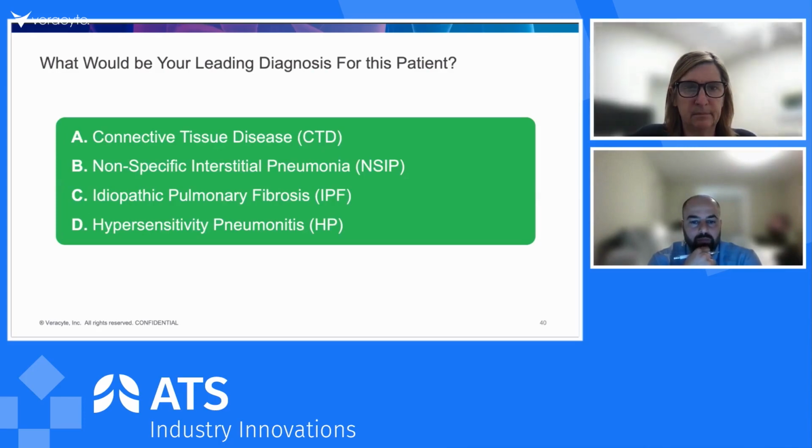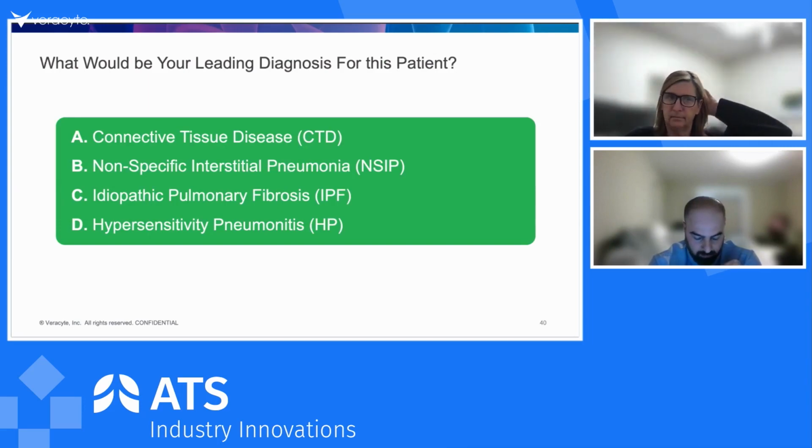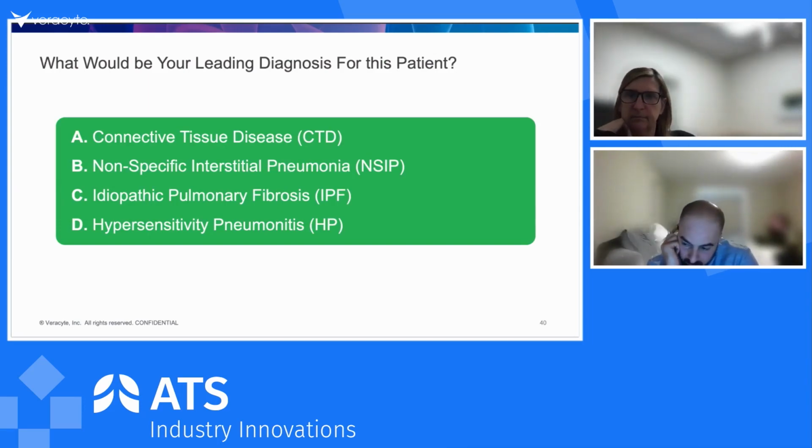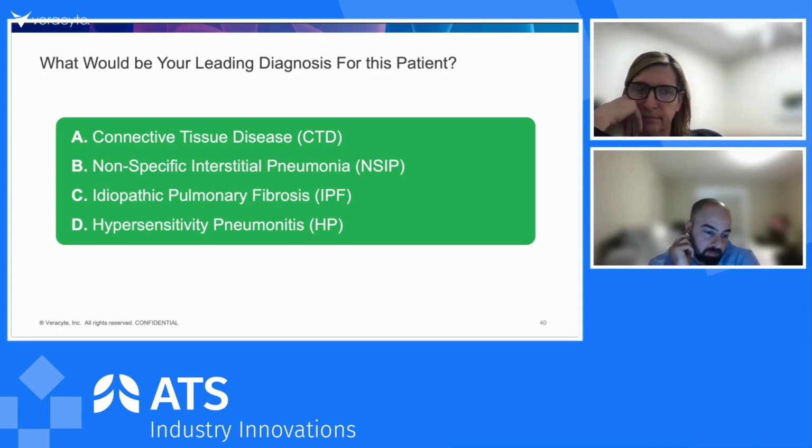So what is your leading diagnosis for this patient? Does this person have connective tissue disease? Does this person have non-specific interstitial pneumonia, NSIP, IPF, or HP?